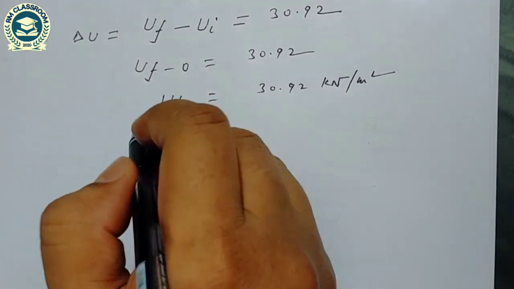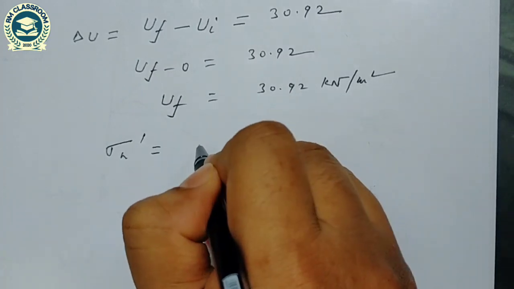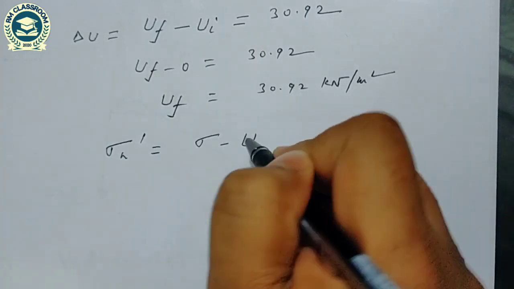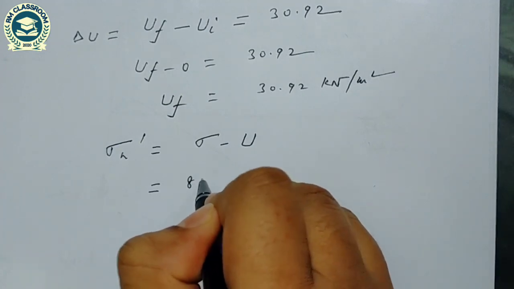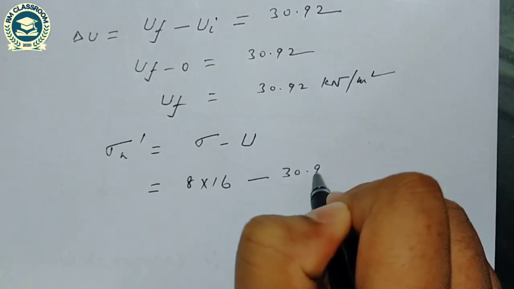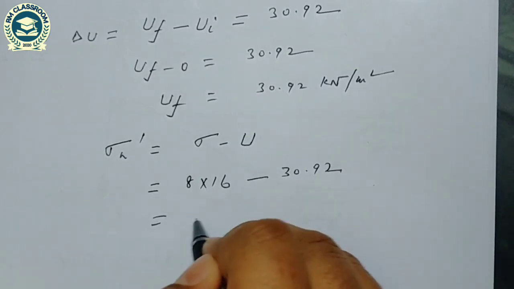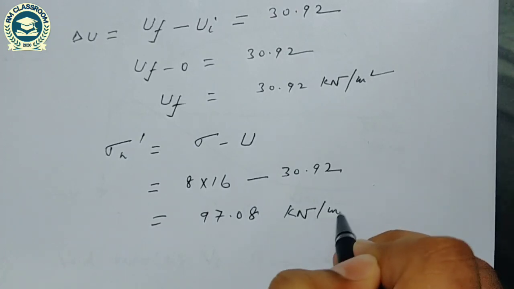Normal stress in effective terms is sigma minus pore water pressure, and sigma is 8 into 16 minus pore water pressure 30.92, so it is coming 97.08 kilonewton per meter square.